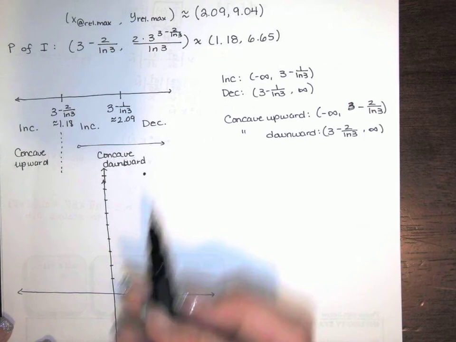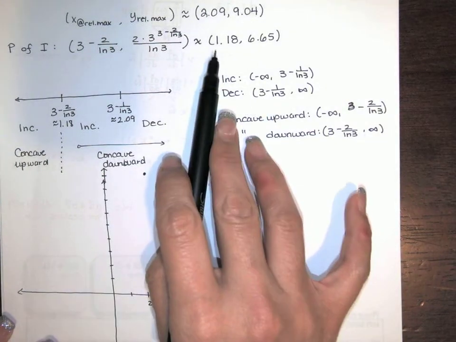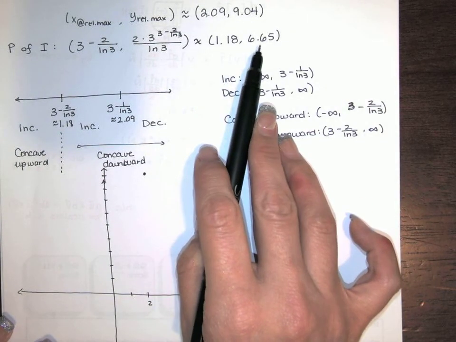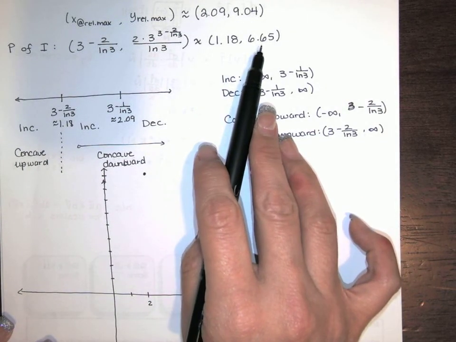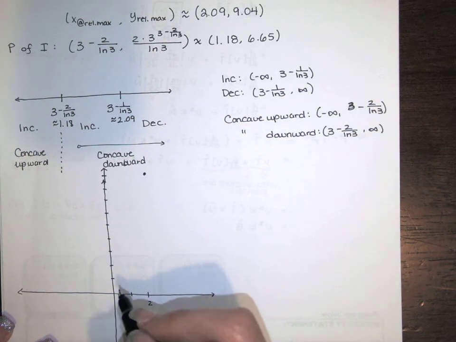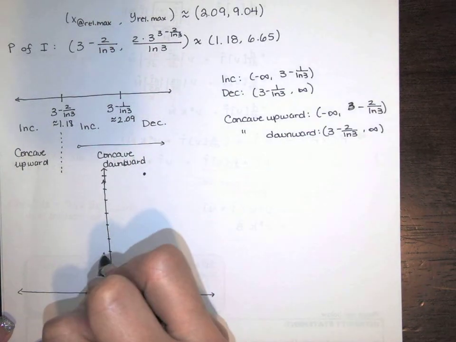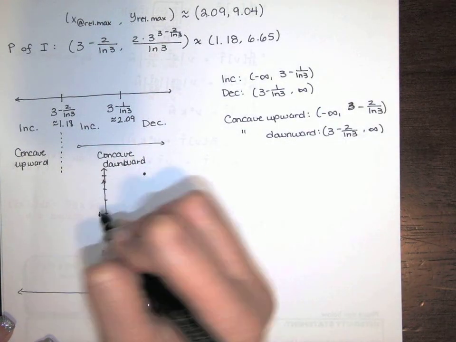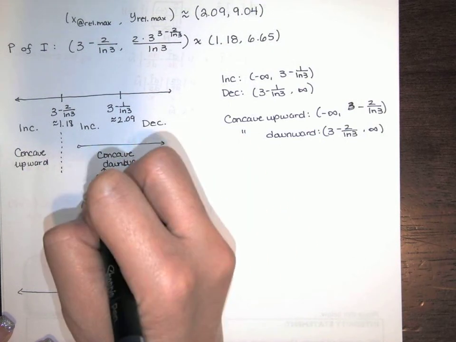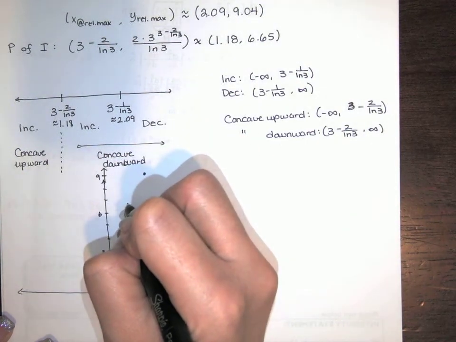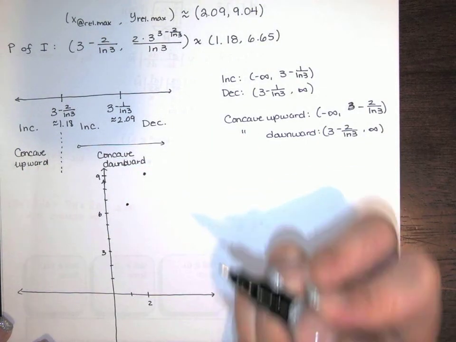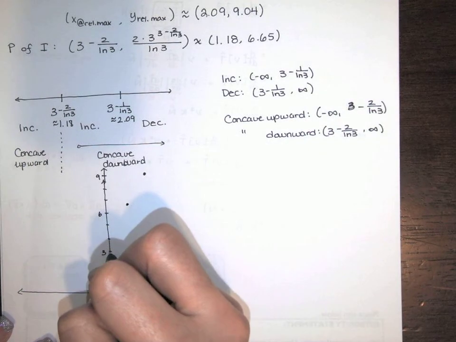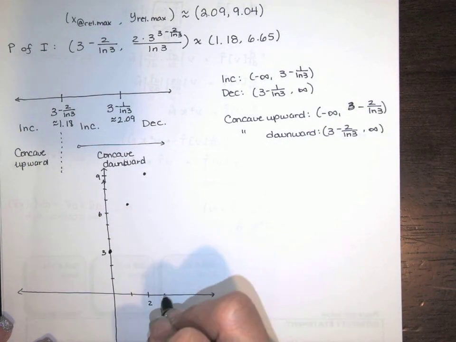And at x equals approximately 1.18 and y equals approximately 6.65, we've got a point of inflection. And we know the graph crosses the y-axis there and the x-axis here.